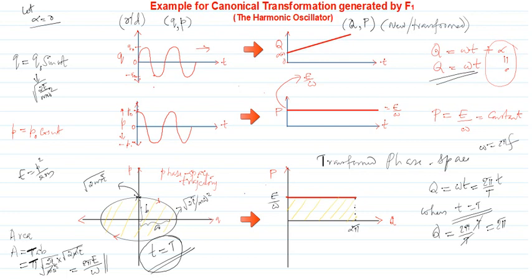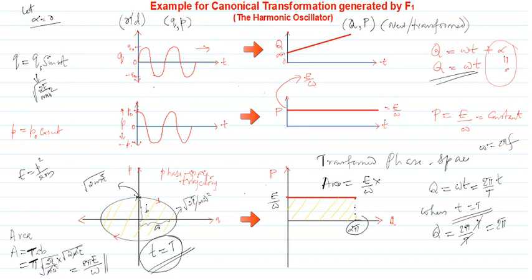Now see, this is a rectangular phase space region, and tell me what is the area of this rectangle. You will see that the area is once again length into breadth, so that is E by omega into the length 2 pi, so into 2 pi.